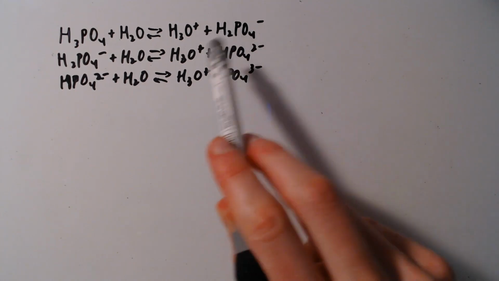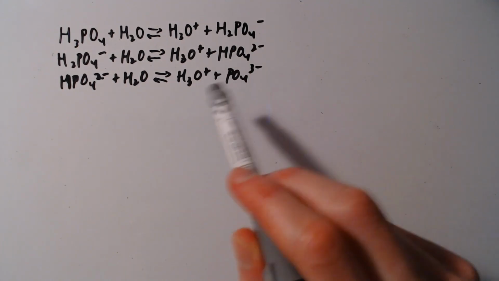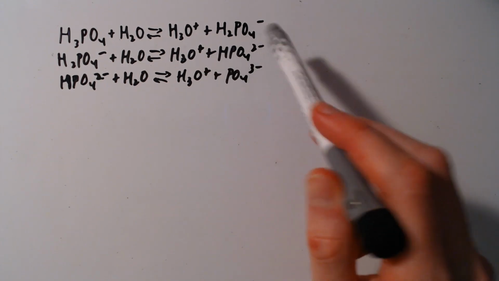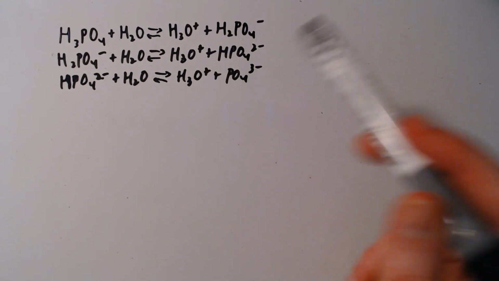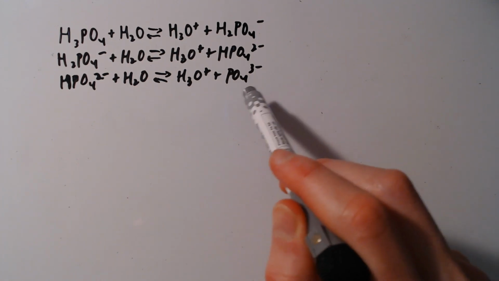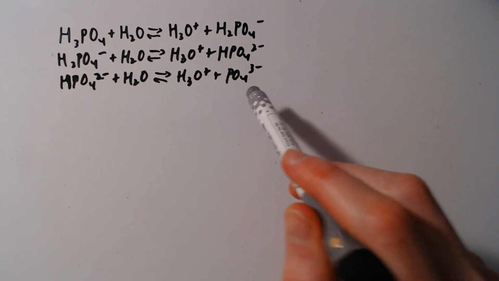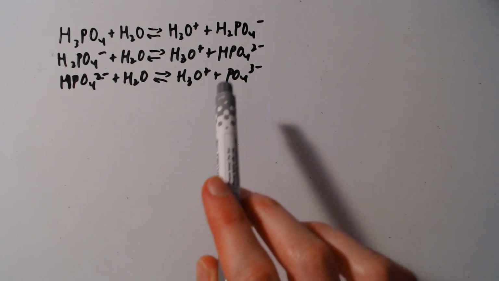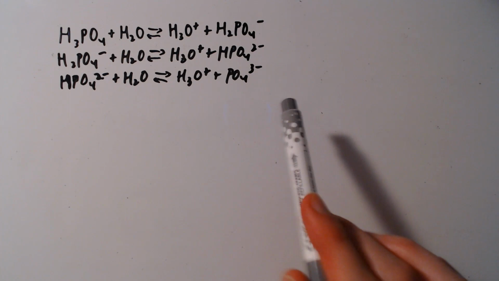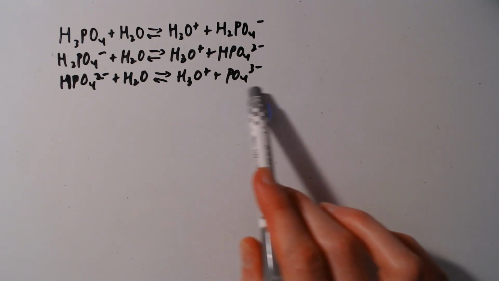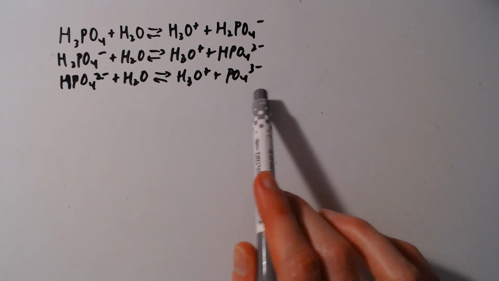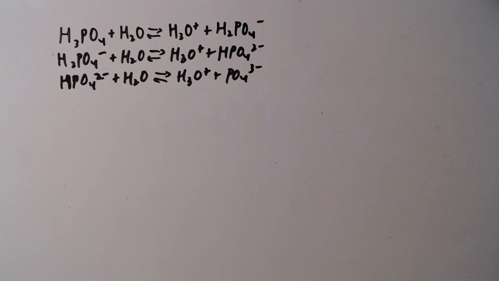And see, there are plenty of anions that the exam could ask about, and it can ask to find the concentration of HPO42 minus or PO43 minus, and we need to know how to find the concentrations of these anions. So in this case, let's say that the exam asks us to find the concentration of PO43 minus, and I'll give you an example problem showing how to find that concentration.